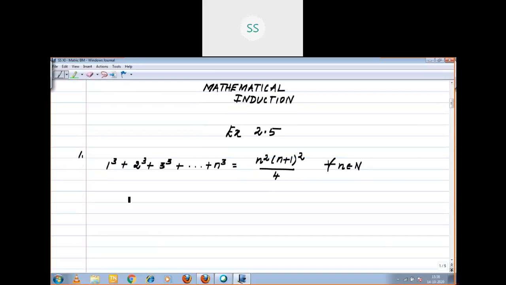Let P of n denote the statement. You have to denote the statement. What statement?